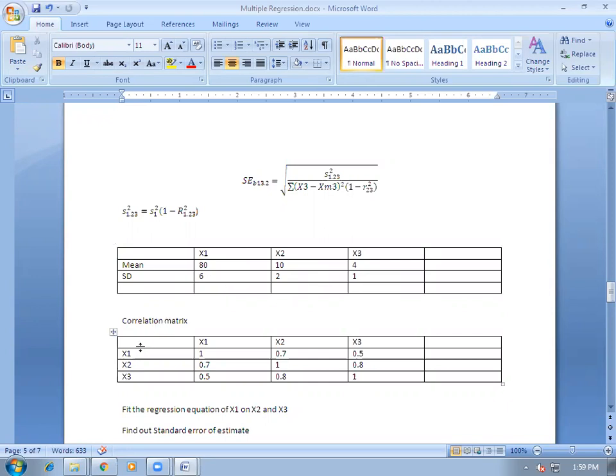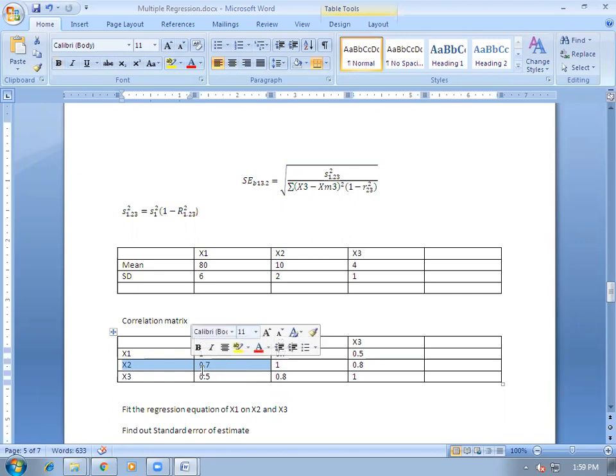And this is the correlation matrix which shows the correlation between x1, x2, x3. That is intercorrelation: correlation between x1 and x1, x1 and x2, x1 and x3, x2 and x3. These correlations are given in this table. Definitely the correlation between x1 and x2 is always equal to x2 and x1 because correlation follows the property of symmetry.